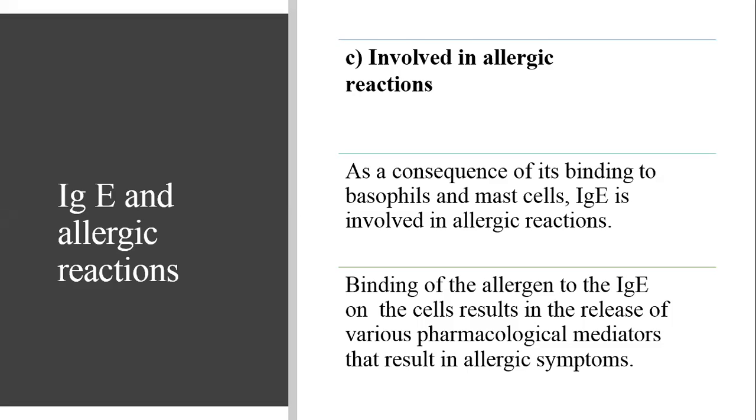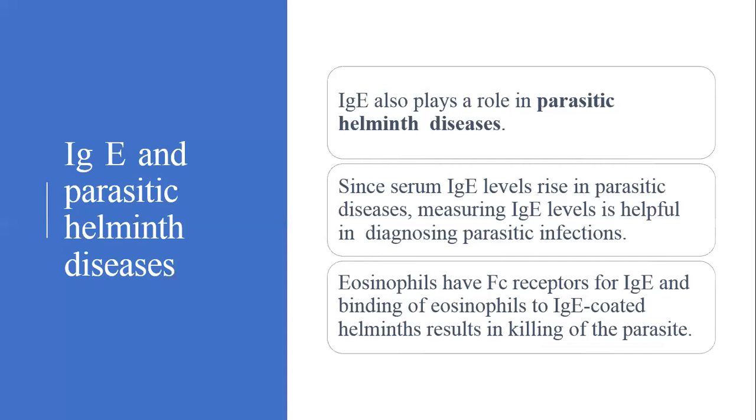The binding of the allergen to the IgE on the cells results in the release of various pharmacological mediators, such as histamine, and that results in the allergic symptoms. IgE also plays a role in parasitic helminth disease. Since serum IgE levels rise in parasitic disease, measuring IgE levels is helpful in diagnosing parasitic infections.